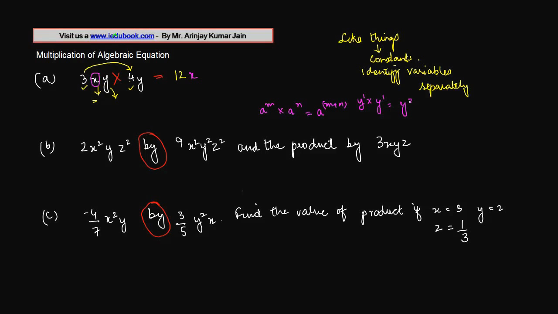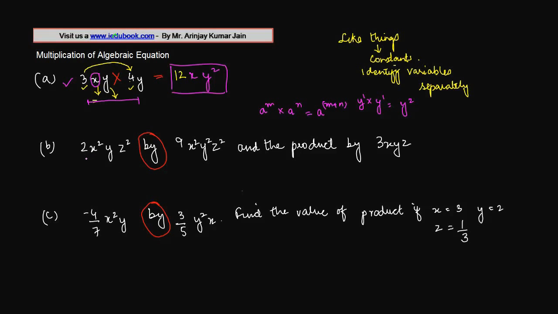So this becomes y to the power 2. So this is basically how you multiplied this particular algebraic equation, right? This is the procedure which you normally use to multiply two numbers or two algebraic expressions, right?